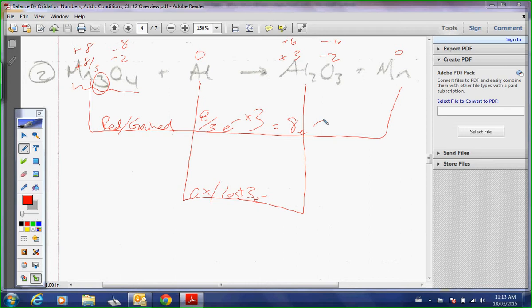So now it's time to balance the electrons. I've got 8 electrons gained and 3 electrons lost. The lowest common multiple is 24, so I'm going to multiply that by 8 and that by 3 to get 24 electrons gained and 24 electrons lost.